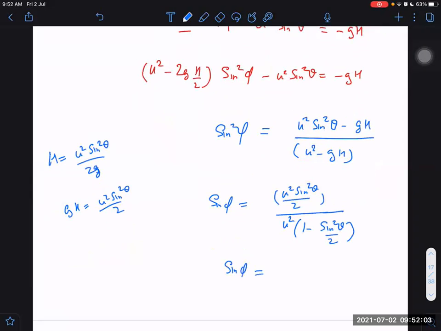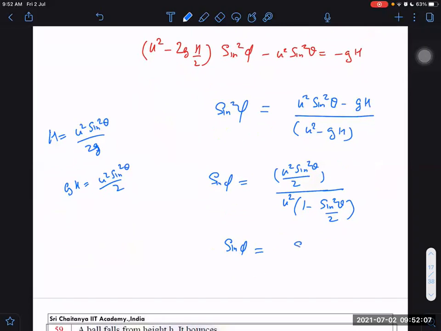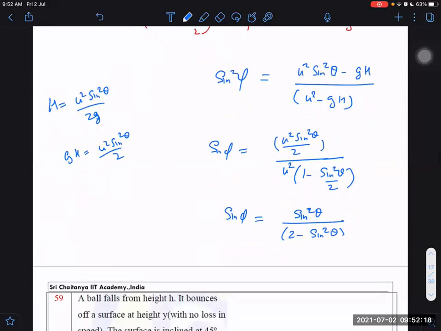What is sine phi then? u square is getting cancelled. Sine square theta divided by 2 minus sine square theta, which can be written as sine square theta divided by 1 plus cos square theta.